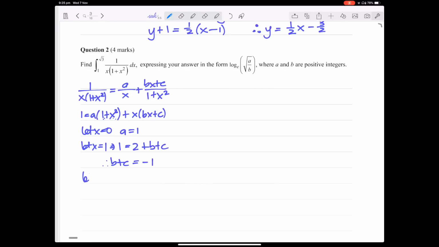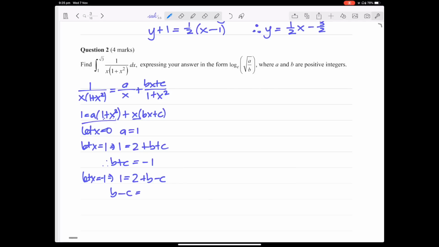Let x equal negative 1. So you can see what happens there. I'm going to end up with pretty much the same thing. 1 equals, if I put negative 1 into that, I'm going to get 2 still. If I put negative 1 into this, I'm going to get plus B minus C, which ends up being quite nice.